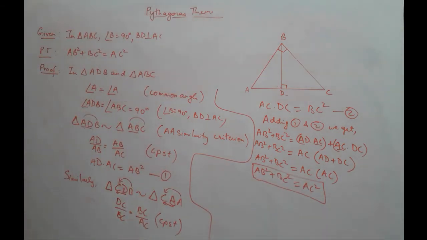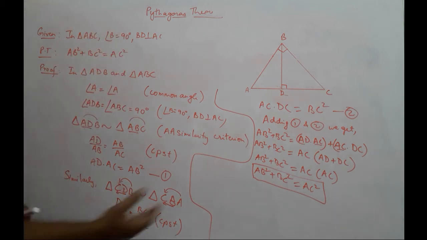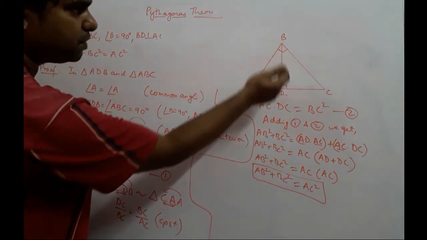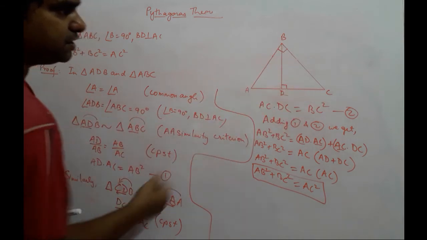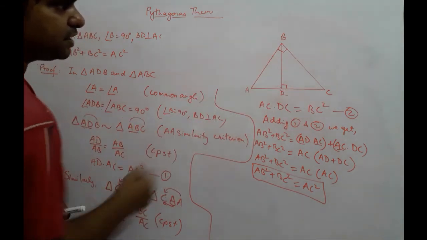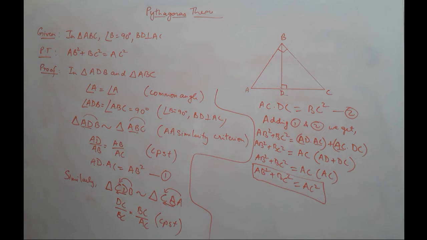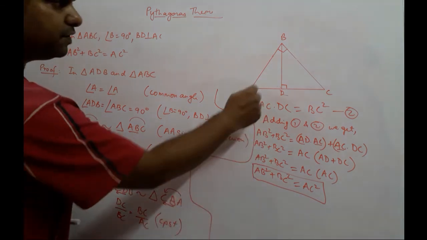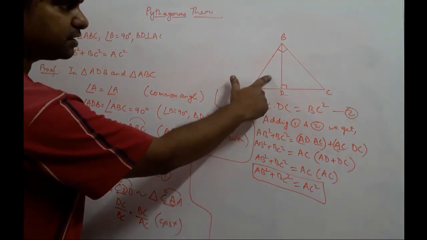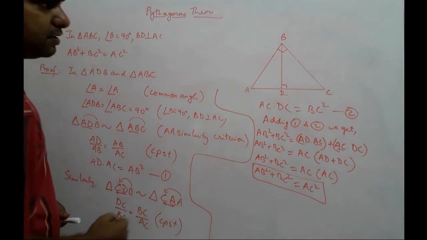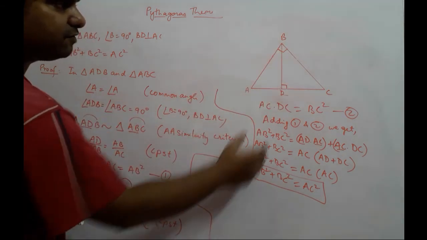Okay, so just as a recap, we'll go through it quickly. We are given this triangle with two perpendiculars where BD was perpendicular to DC, and we were told that angle B was equal to 90 degrees. So what we did first was we proved this particular triangle similar to the whole triangle, that was triangle ABC, and then we proved this.